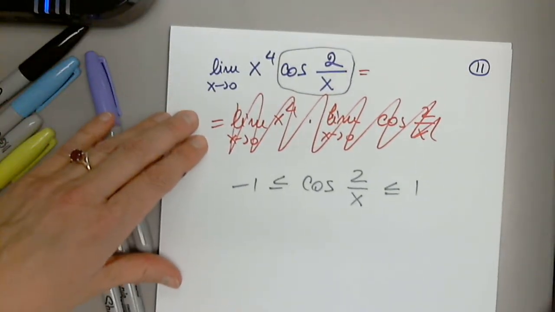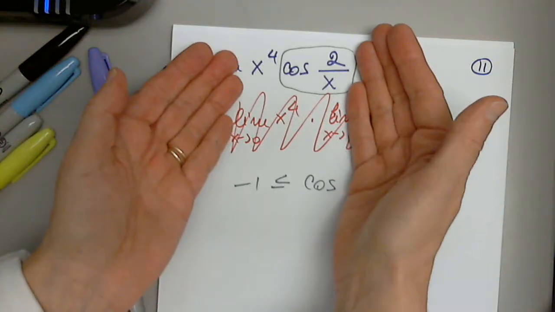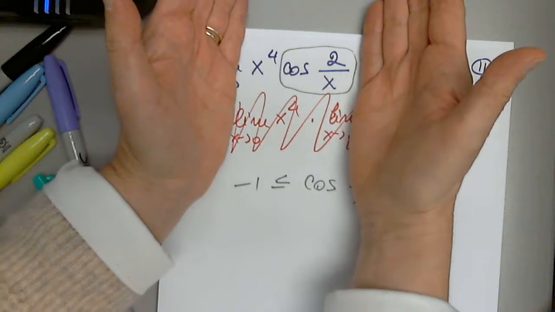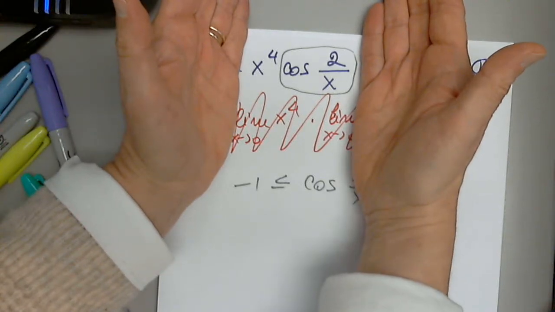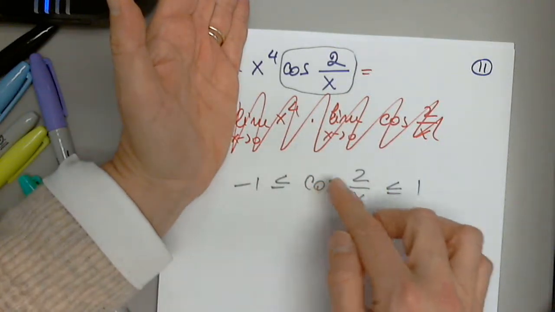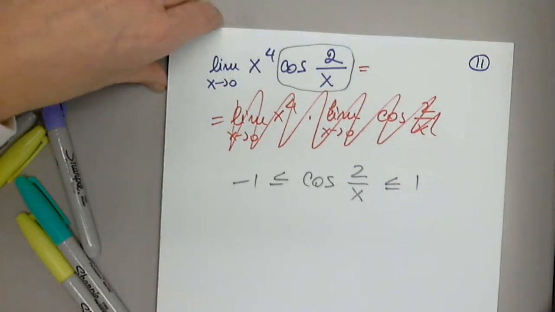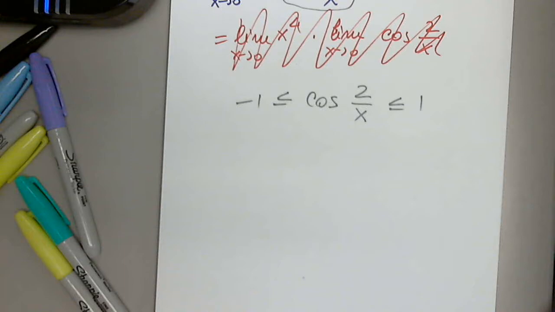So I have this piece inside, but I really want to have this piece inside. What should I do to all three sides to get this function in the middle?